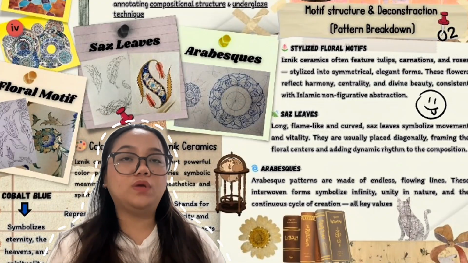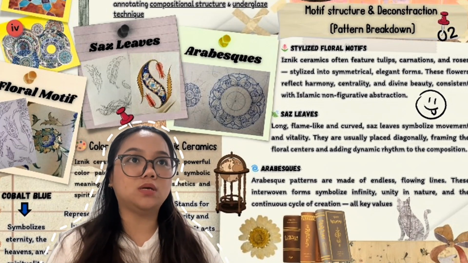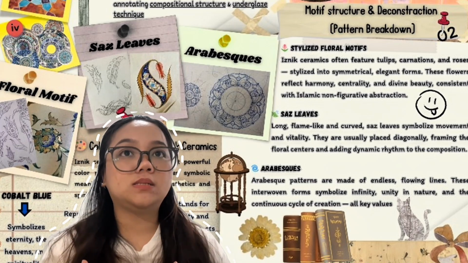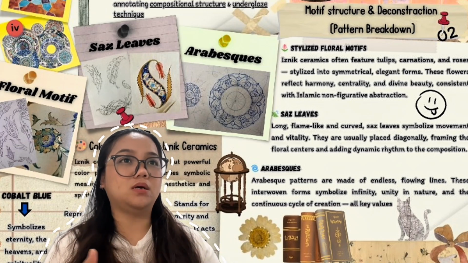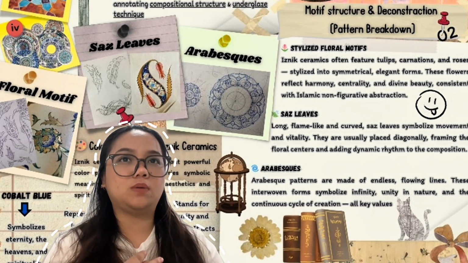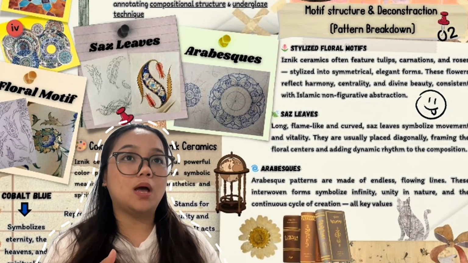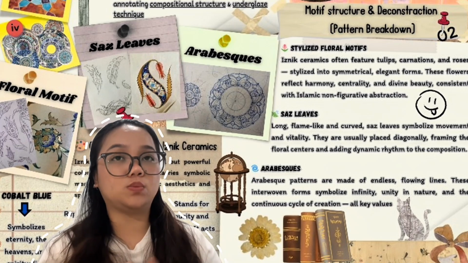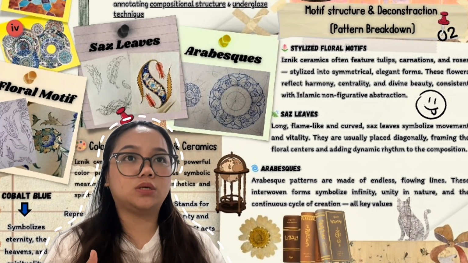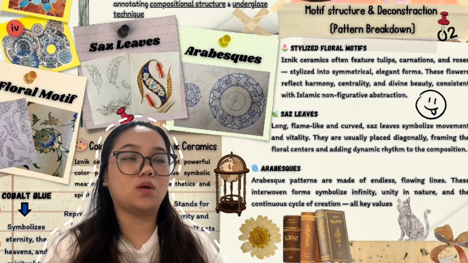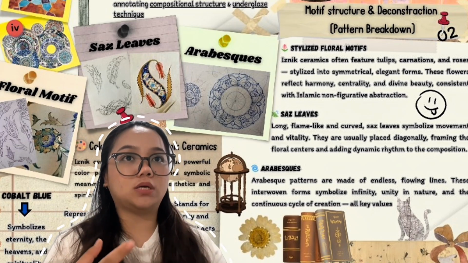Moving on to section 2, which is titled Motif Structure and Deconstruction, Pattern Background. In this section, I focus on analyzing how the motifs in Islamic ceramics are structured and how they can be broken down into basic shapes and lines to understand how the overall pattern is built. I include constructed visuals that show the underlying geometry behind the floral motifs, such as circles, curved stems, and interlocking leaves.